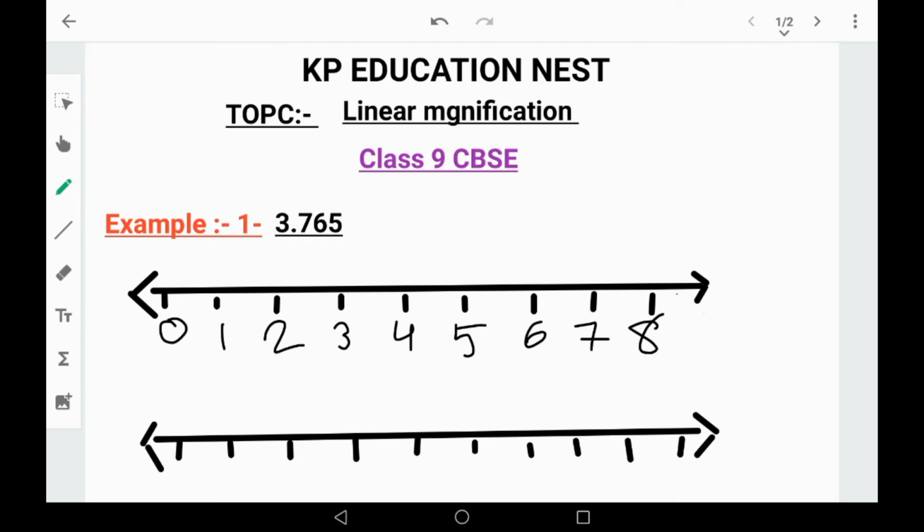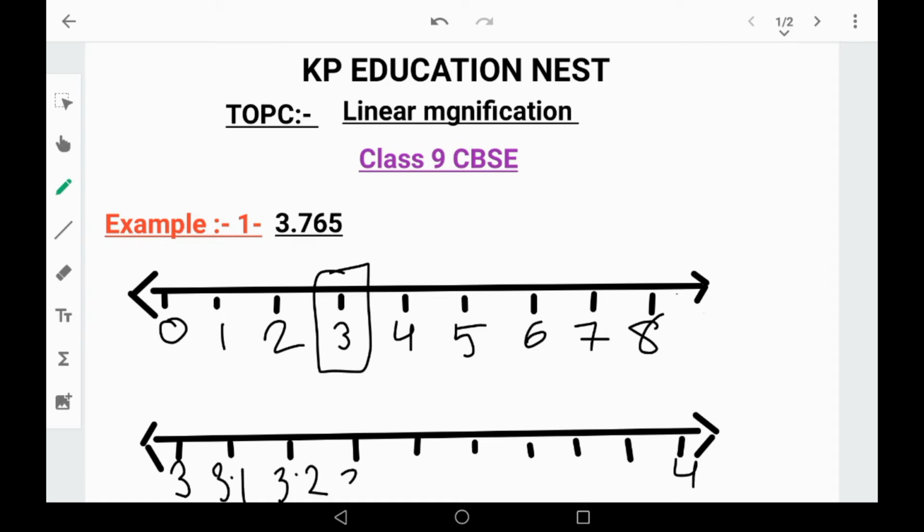Now I will mark 3 on this. Now I have to consider the second digit, that is after the point, which is 7. Now again draw a number line and mark it as 3 and here 4.